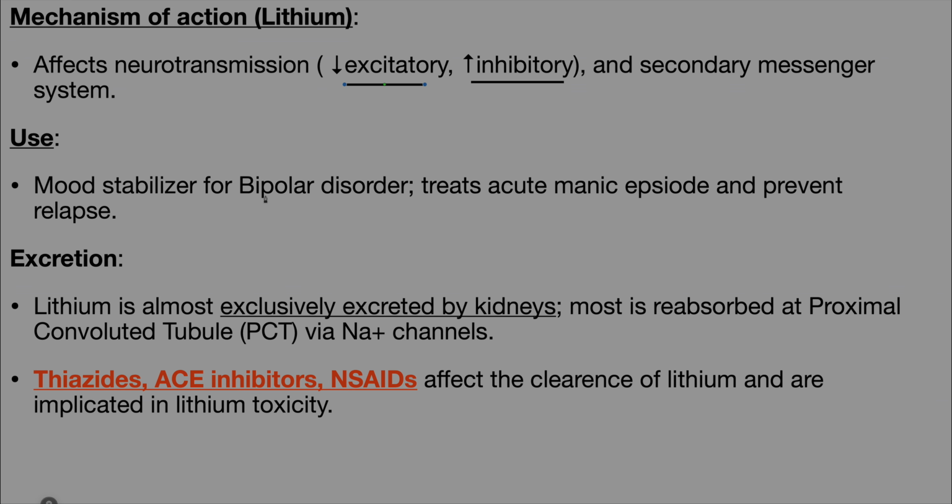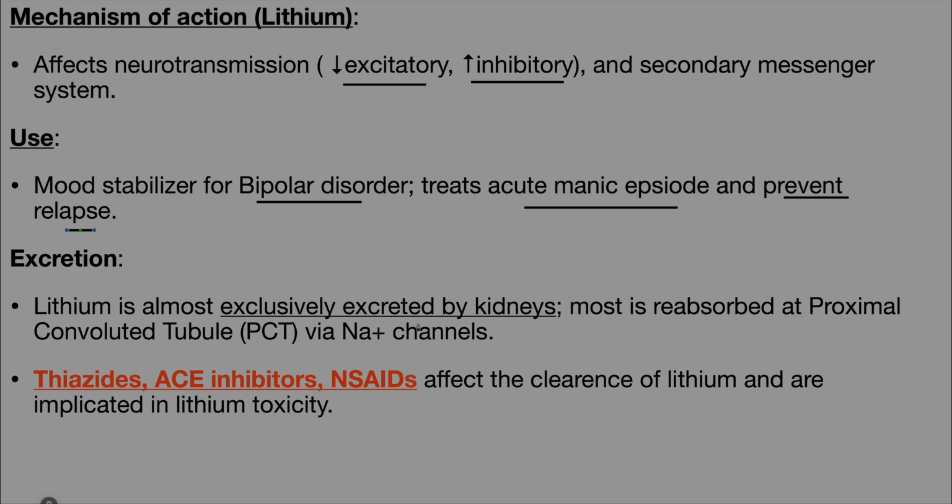It is used as a mood stabilizer for bipolar disorder and it treats acute manic episodes and prevents relapses of such episodes. Lithium is almost exclusively excreted by the kidneys. Most is reabsorbed at the proximal convoluted tubule via sodium channels.